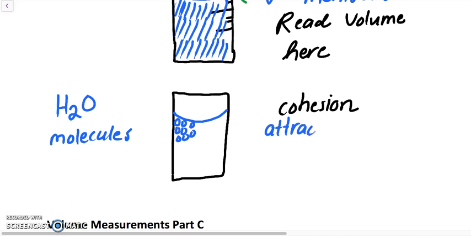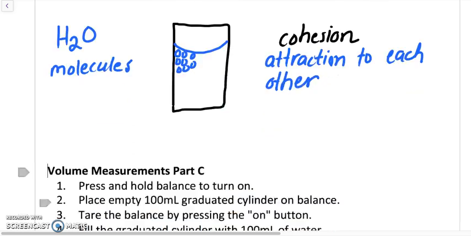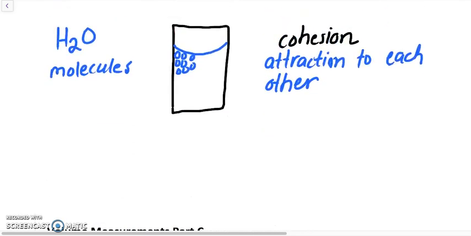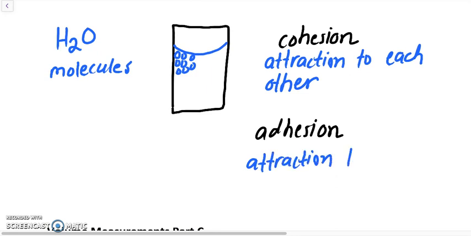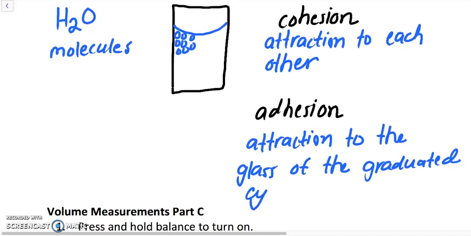So attraction to each other. And the second force at play here is the force of adhesion. And this is the force of attraction to the graduated cylinder. Attraction to the glass tube of the graduated cylinder.